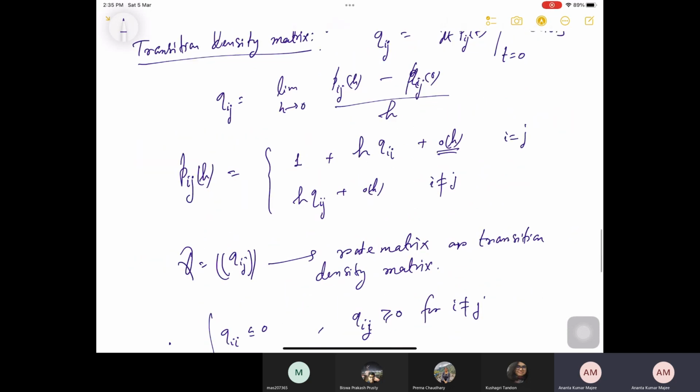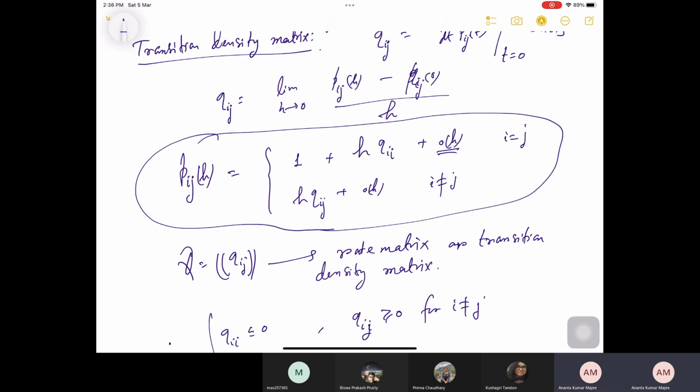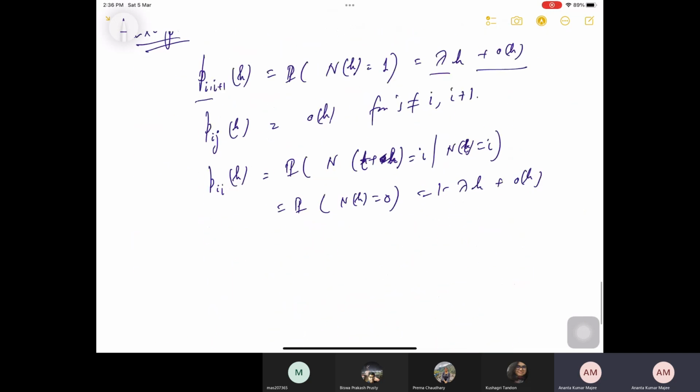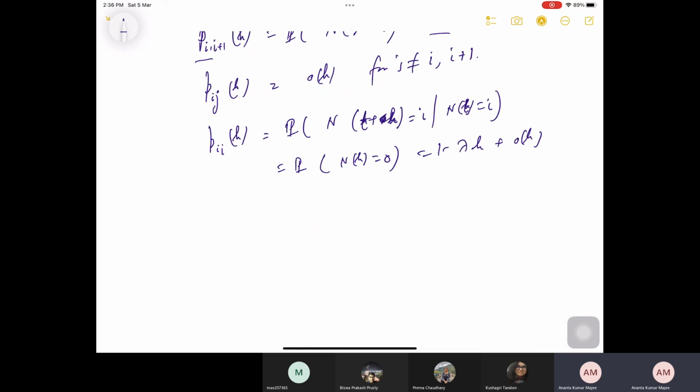So now, from here, if you just think of an infinitesimally small h, then I can find out the transition rate matrix, or the density matrix, of your Poisson process.